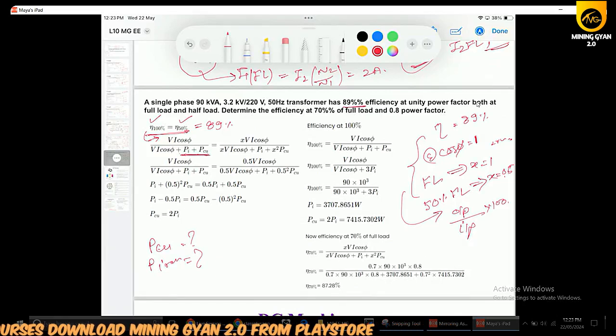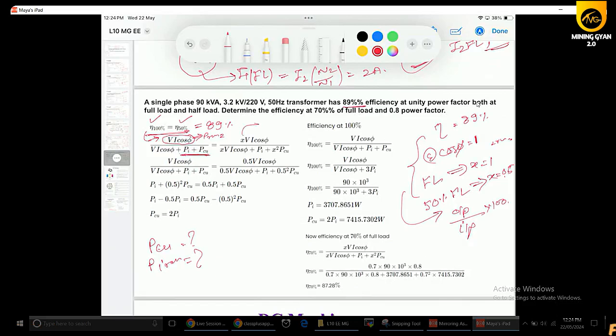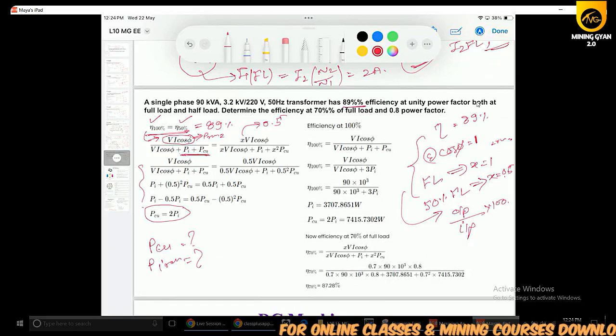These two are the losses, and this is the power consumed by the load, P RMS secondary side. That equals the efficiency at 50% of the load, x equals 0.5 in this case, and these two are equal. So V2 I2 cos phi will get cancelled. After solving these two equations you will get this condition, copper loss equals 2 times the iron loss.